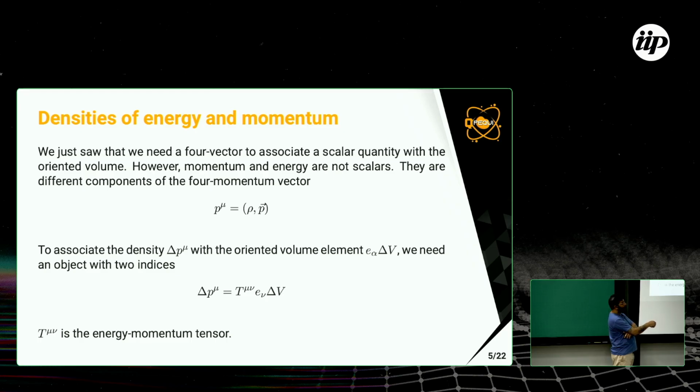a 2-index object, because you need to contract with the oriented object. You see, this volume can be a space-like or a time-like volume. It doesn't matter. What tells you is that this is orienting your volume in a given direction. If this is time-like, then you have a density.